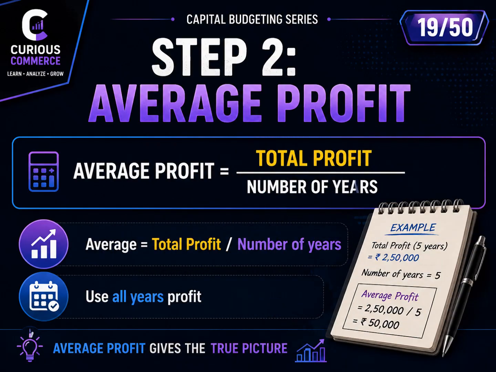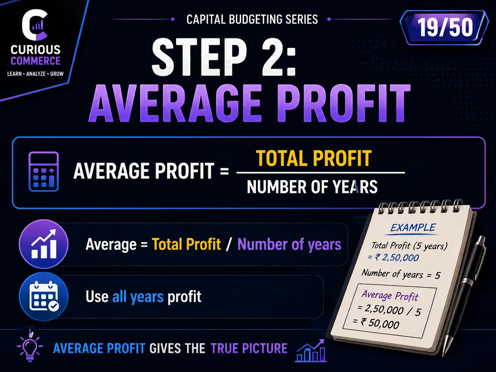So step 2, calculate average profit. The formula is average profit equals total profit divided by number of years. Very simple. Suppose profit for 5 years are 10,000, 20,000, 30,000, 15,000, 25,000. Add all profit, that becomes total profit.